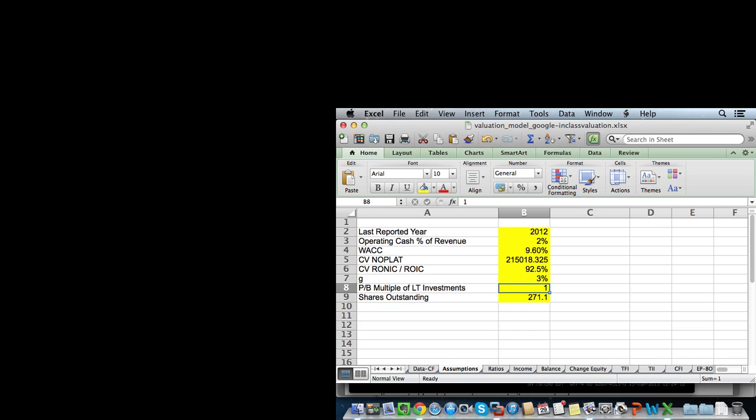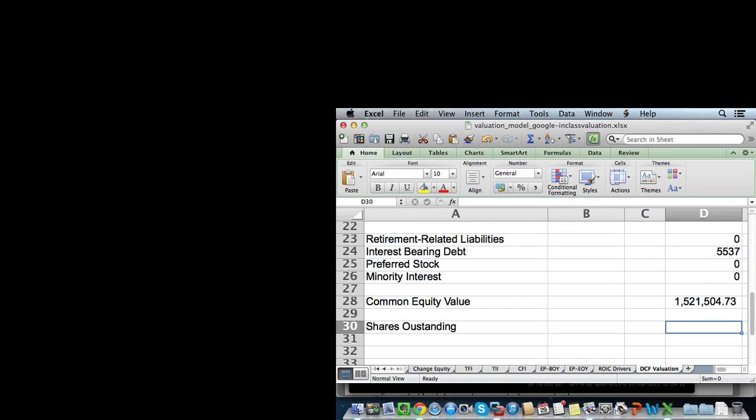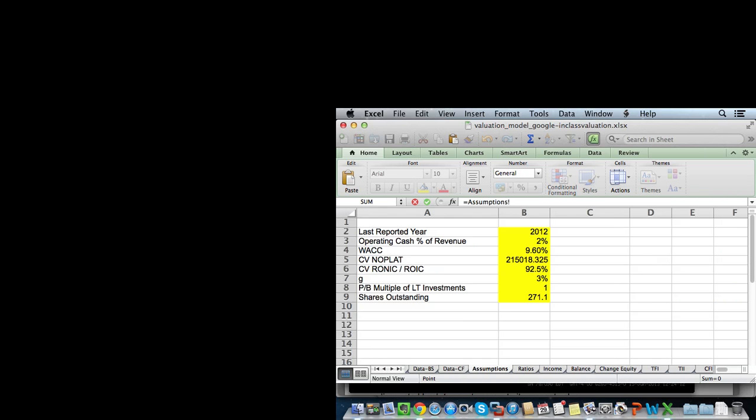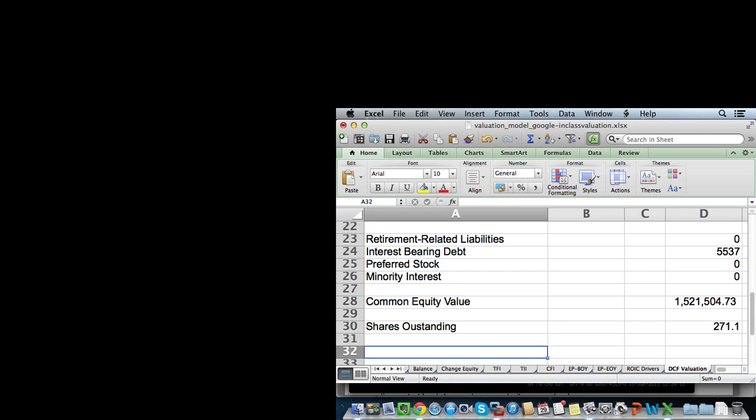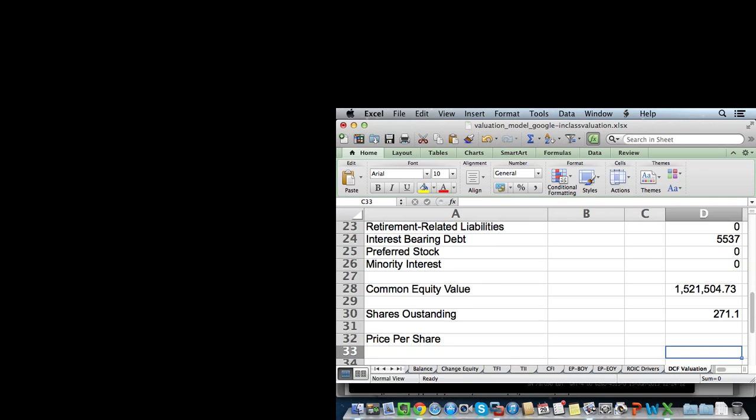Okay. All right, so I'm going to go back to my DCF tab. I'm going to reference that, equals, from the assumptions, 271. And that's going to give me a price per share. Forecast equals the common equity value divided by the shares outstanding.